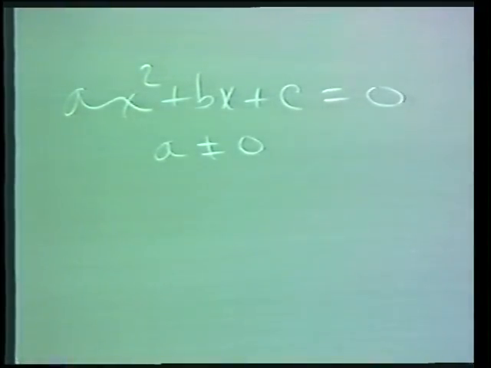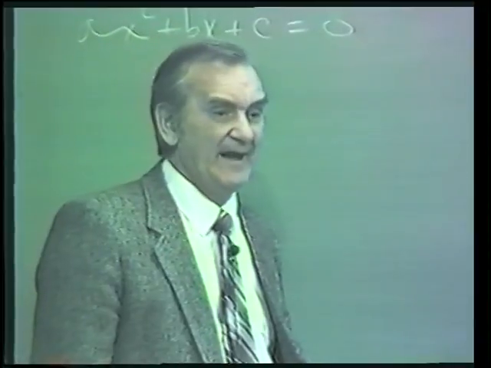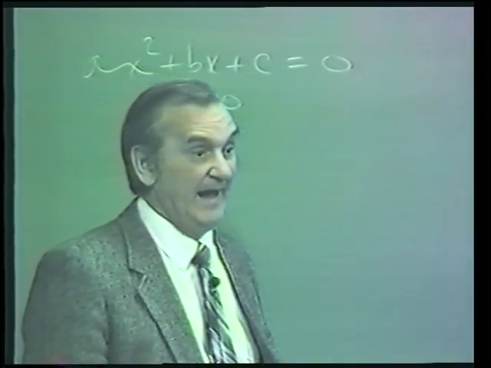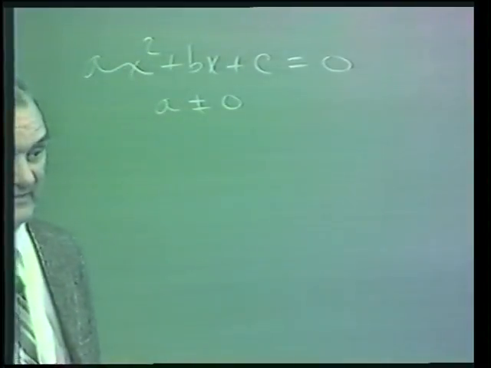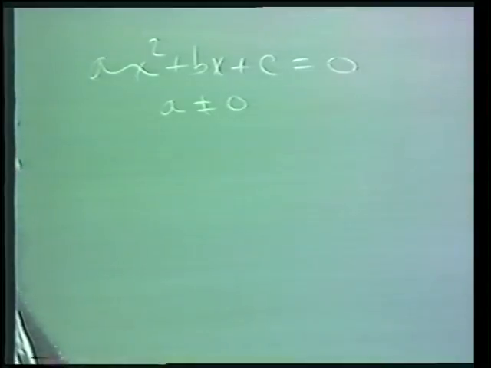You lose the x squared term. Now, we found out that one way of solving quadratic equations is by the factoring method. What you do is you get them in general form, you then factor, set each factor equal to 0, and solve those two simple equations.